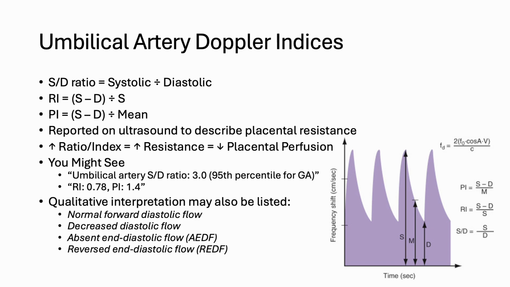calculations to find this. And so generally, most of the times, they'll have a qualitative interpretation below that to where it says normal forward diastolic flow or normal umbilical artery Dopplers, or it might say decreased diastolic flow, absent diastolic flow, or reversed diastolic flow.